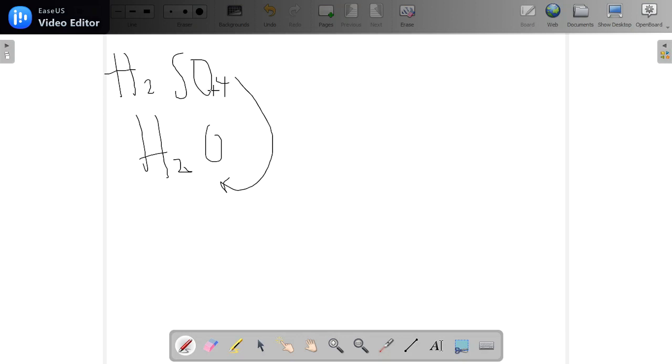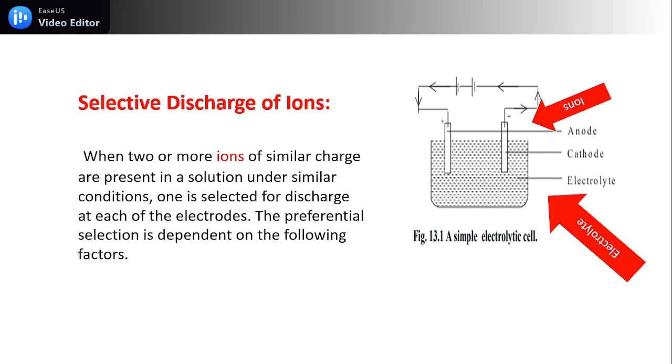So in the process of electrolysis, we'll be considering an electrolyte and water. What do I mean? The electrolytes in electrolysis, as we stated, are compounds in their molten form. They are compounds that can decompose, that can form ions.